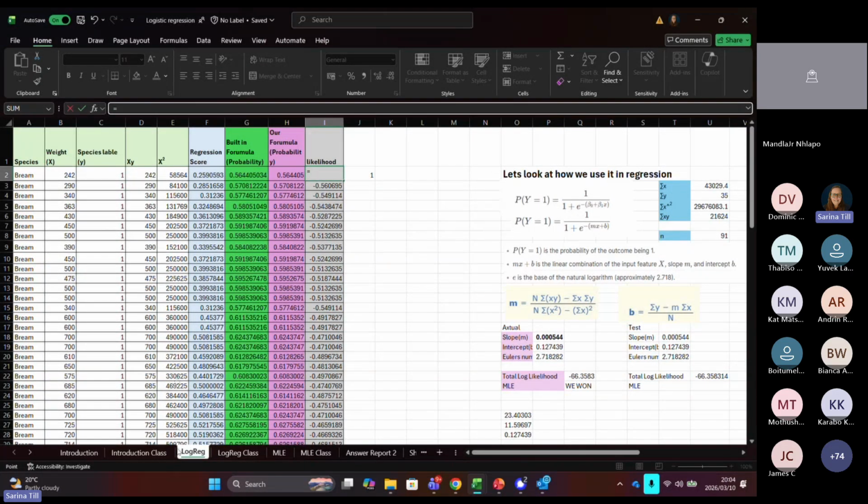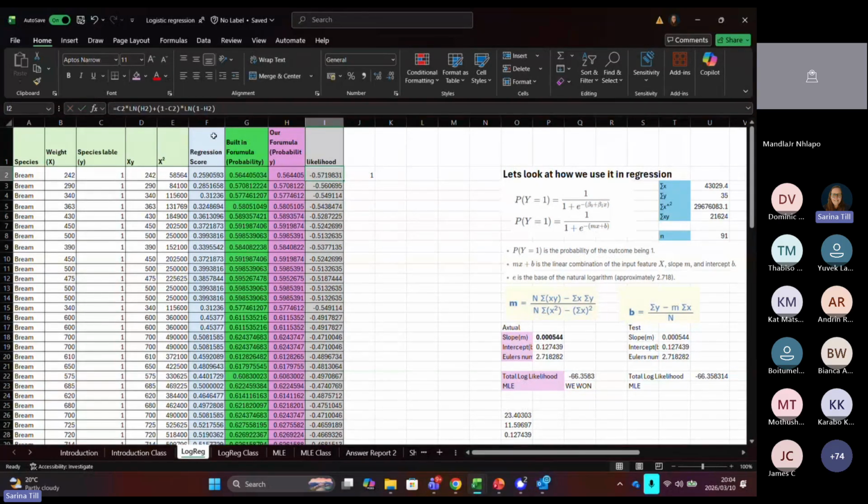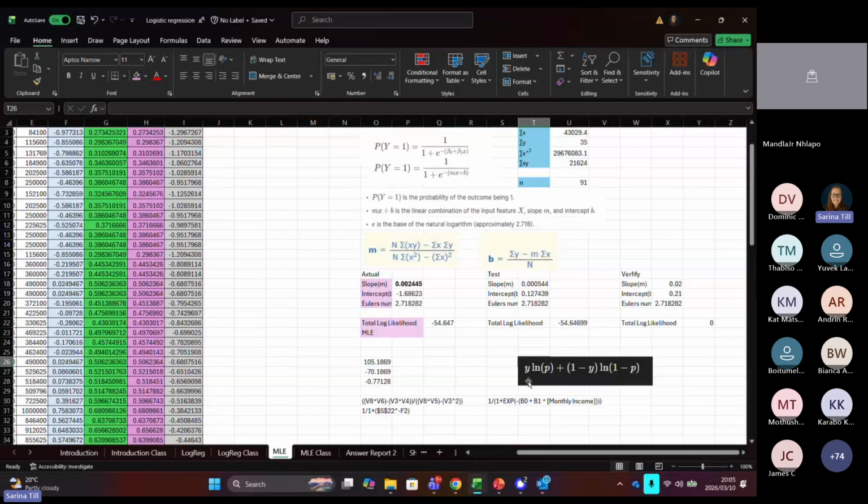We will apply the solver. So we will work out our log likelihood, and I've put the log likelihood in for you. It is y times the log of the sigmoid plus 1 minus y times the log of 1 minus the sigmoid. That's the formula.